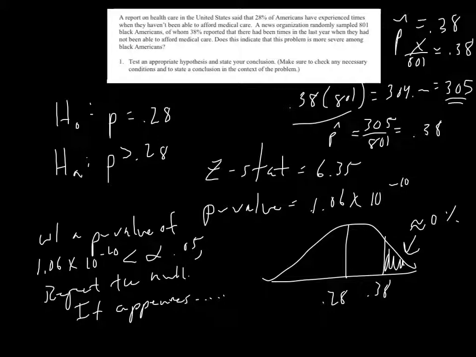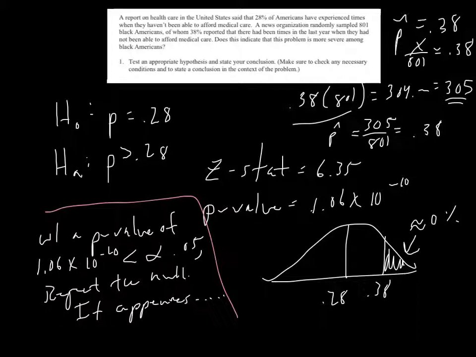So what's our conclusion? Our conclusion is that with a p-value of 1.06 times 10 to the negative 10, less than an alpha of pretty much anything, 0.1 that we would use in this class, we reject the null. It appears that black Americans do have a more severe problem in terms of affording health care.